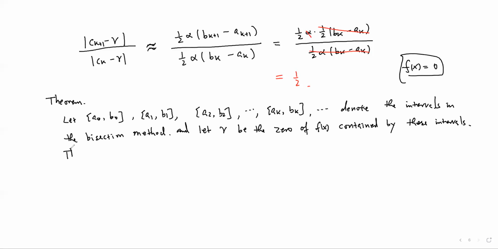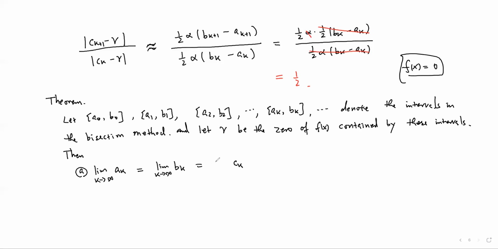Now, conclusions. Then the bisection method has the following properties. Number one, a_k, the left hand point of the interval, approaches the root r; the limit as k approaches infinity is equal to r. The right hand point also approaches r.